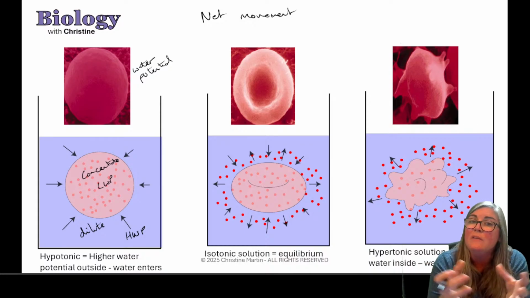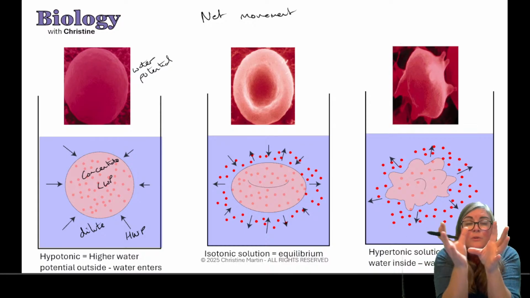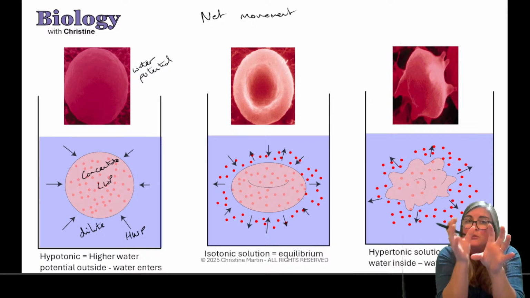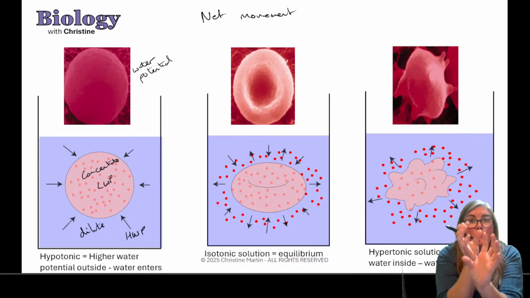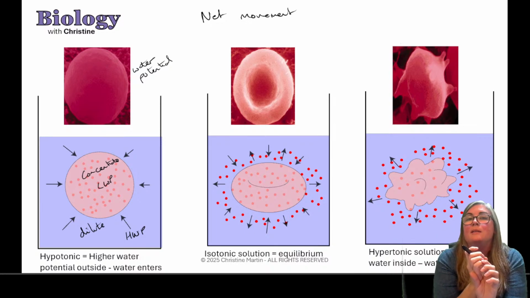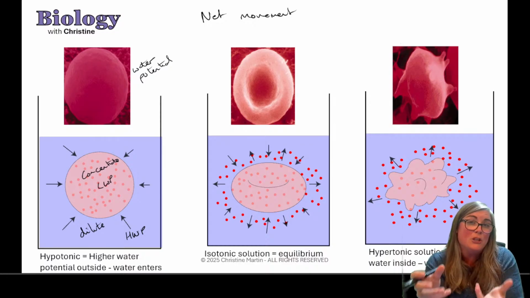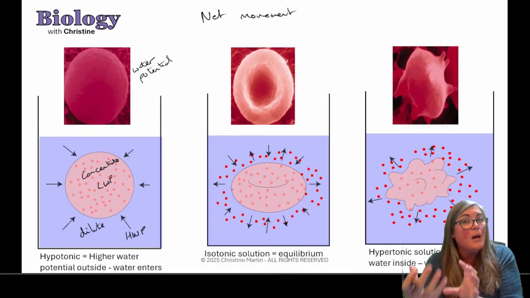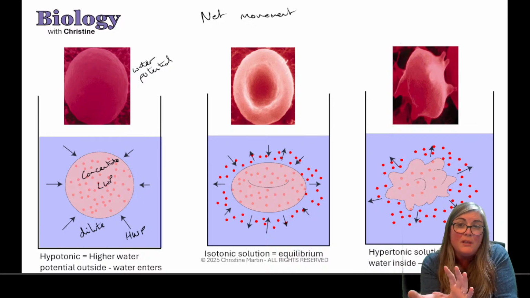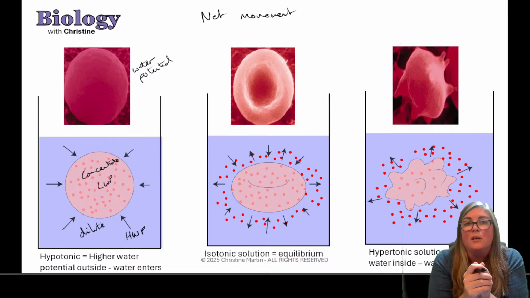And if the water is leaving by osmosis, that's going to cause the cytoplasm to shrink, and therefore you see the cell pulling in and getting smaller and not being able to function as it should do. So that becomes a problem, especially for our red blood cells, if that occurs.